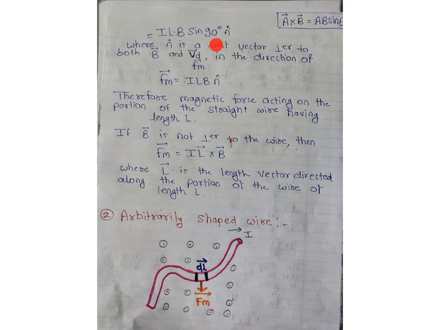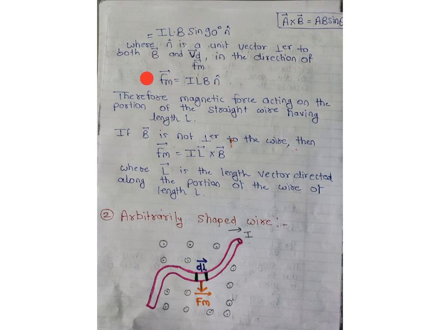And what is n? n is a unit vector perpendicular to both magnetic field B and drift velocity Vd, in the direction of Fm. Therefore, the equation will be magnetic force equals ILB unit vector n.